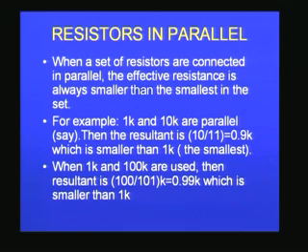If the 2 resistors differ by a large value, then you find it is much closer to the smaller of the 2, much closer to the 1000 ohms. When I use 1000 and 10,000, it is 0.9. When I use 1000 and 100,000, it is 0.99, and therefore as I increase one of the resistors to a larger and larger value, you would find the effective resistance will be almost equal to the smaller of the resistors.